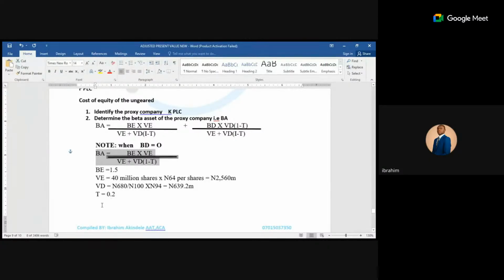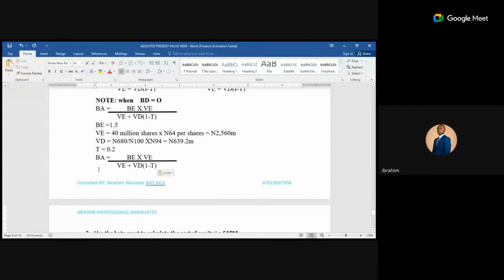asset beta equals equity beta of 1.5, times the value of equity, over the value of equity plus the value of debt times one minus the tax rate.